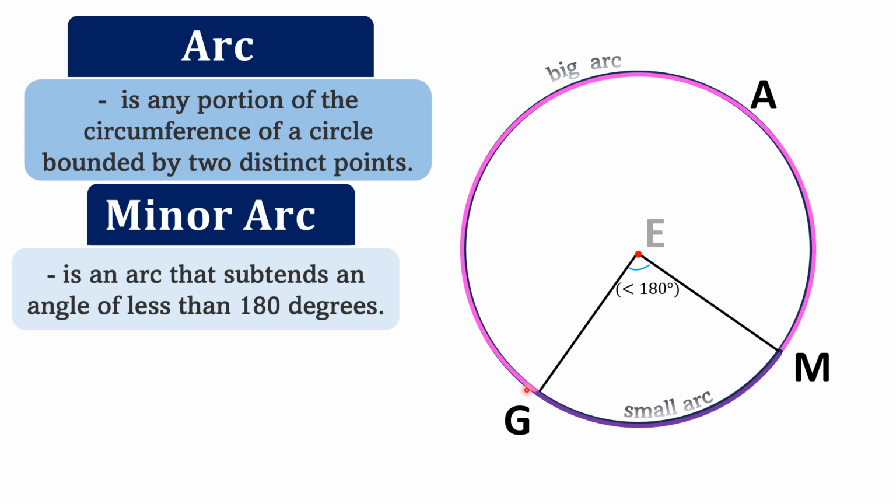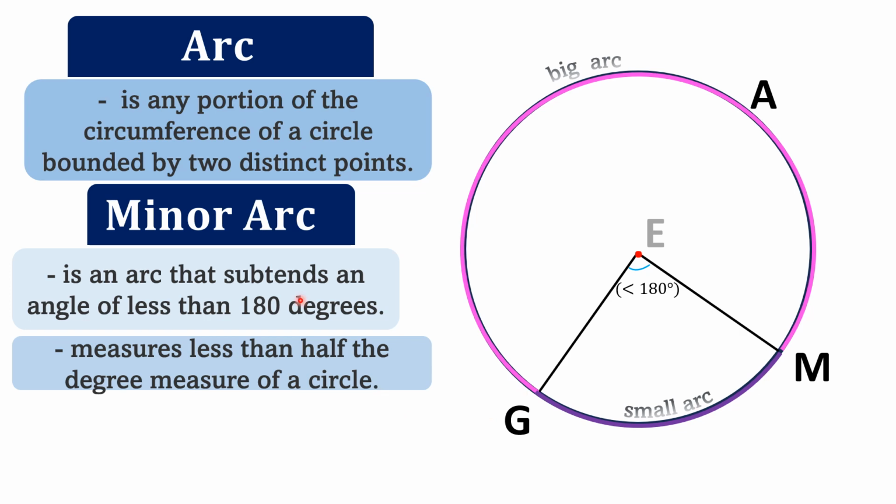Let's continue. The minor arc measures less than half the degree measure of a circle, which was mentioned, that is equivalent to one revolution or one rotation, which is equal to 360 degrees.